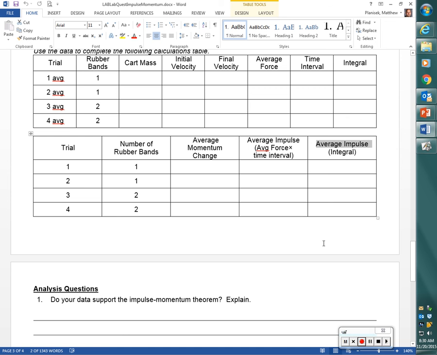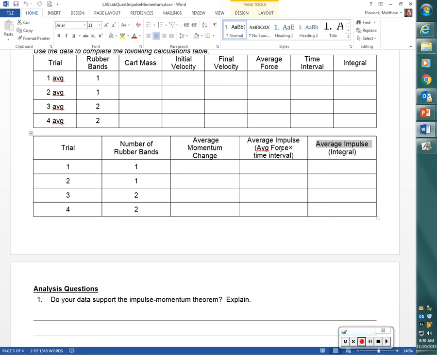What should you see about those two columns? They should be the same, because we're in essence calculating the same thing, just two different ways. All right? What should you see about this column versus that column? Average momentum change versus average impulse. Should be the same, because that's what the impulse momentum theorem tells us, right?